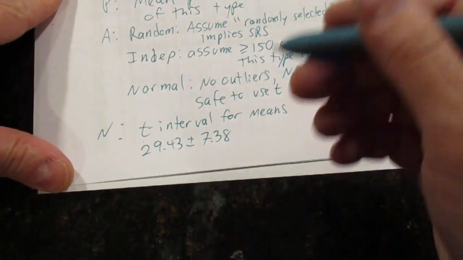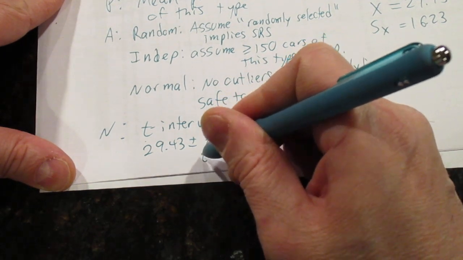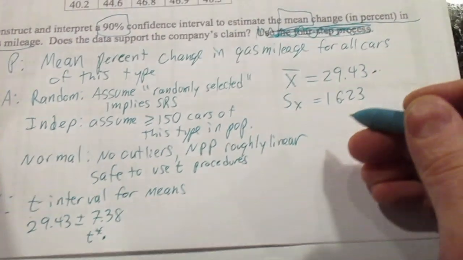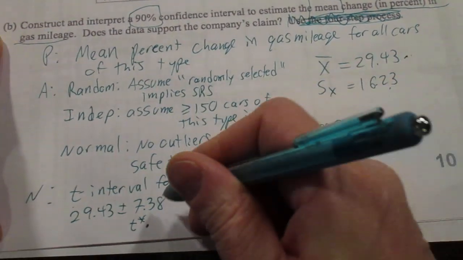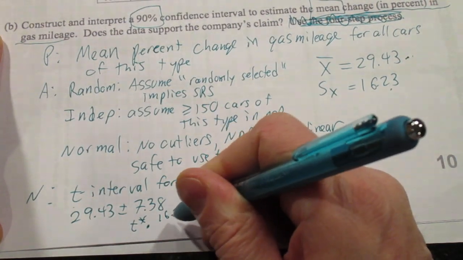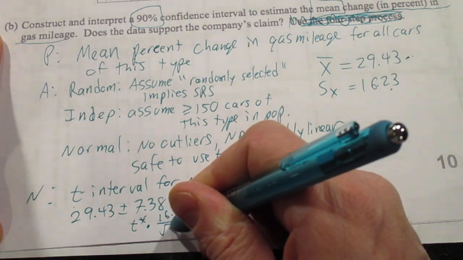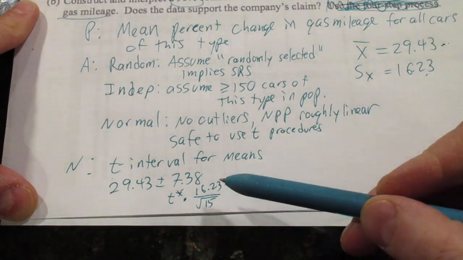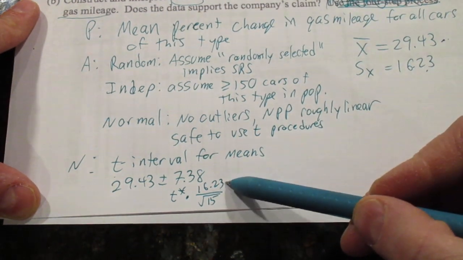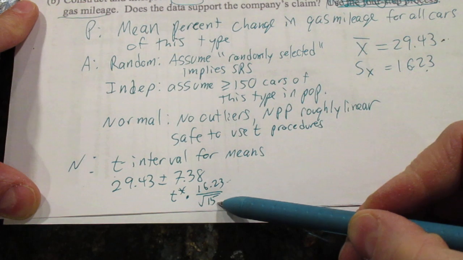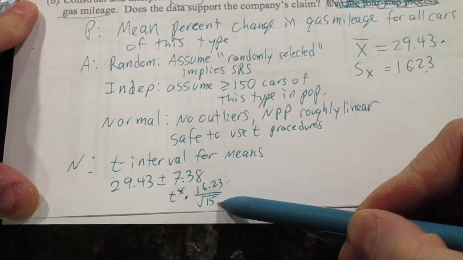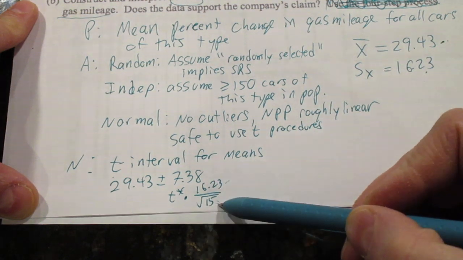Now, to prove to the grader that I know where this 7.38 comes from, I'm going to call that T star times sample standard deviation over square root of sample size. Now, yes, even though this is a sample standard deviation, you still divide it by square root of sample size to get the standard deviation of the sampling distribution.